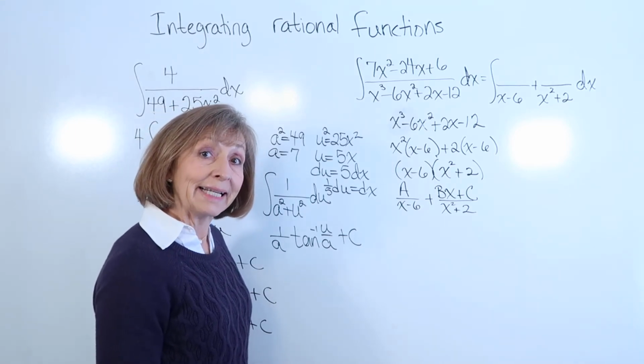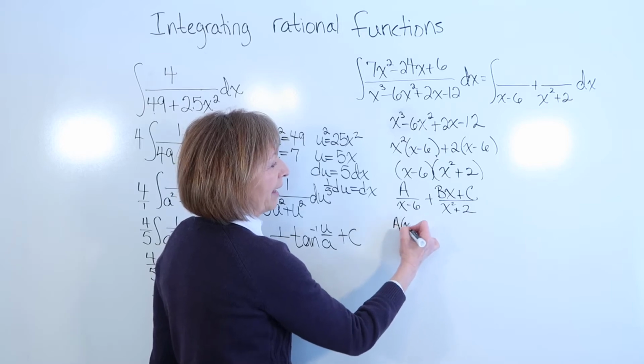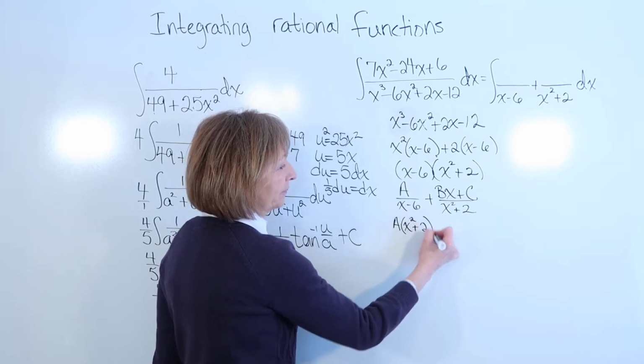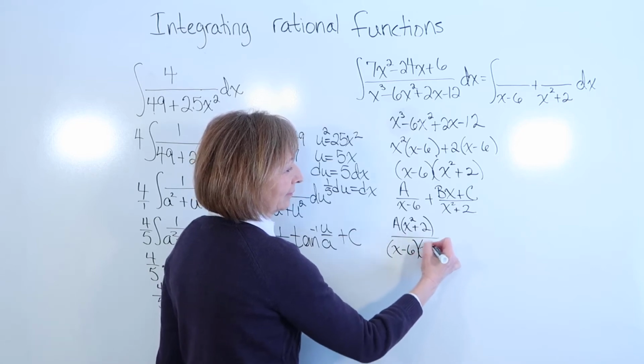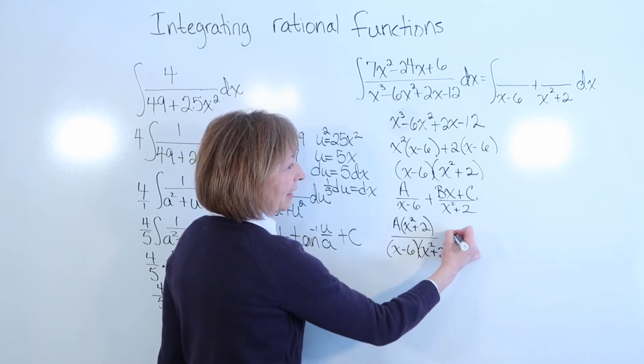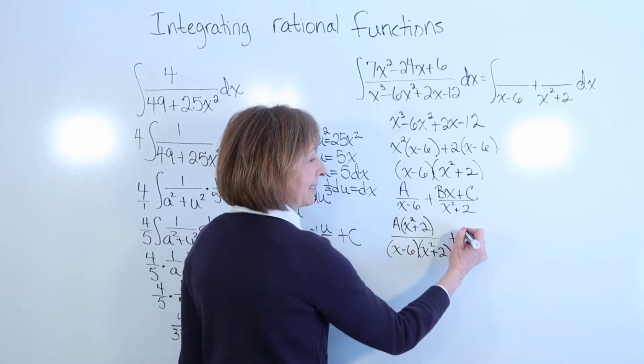Okay, now build and get a common denominator. My first fraction needs to be built top and bottom by the x squared plus 2. My second fraction needs to be built top and bottom by the x minus 6.